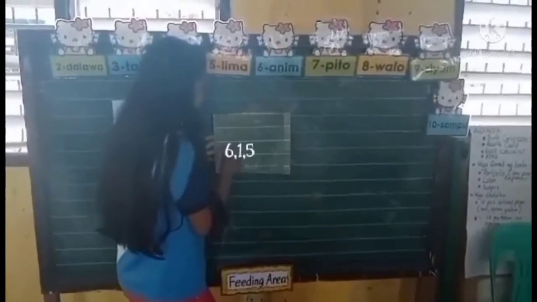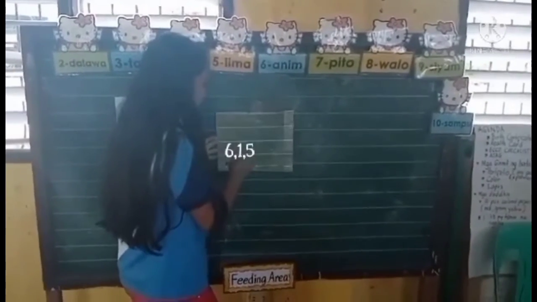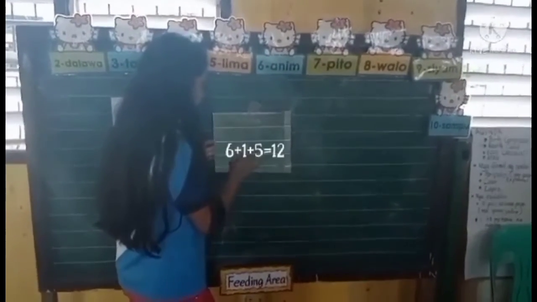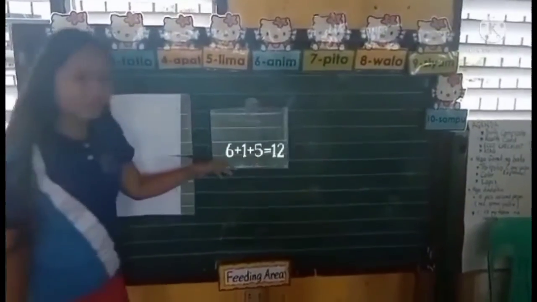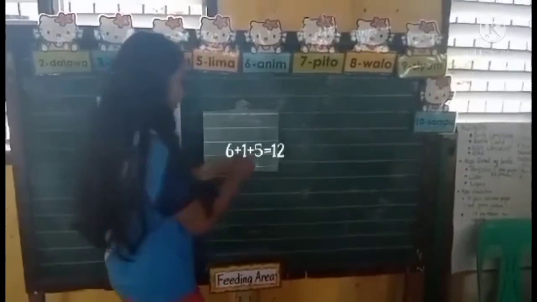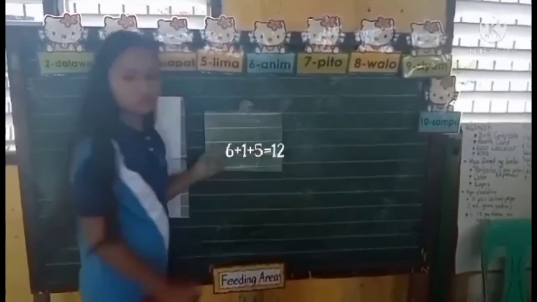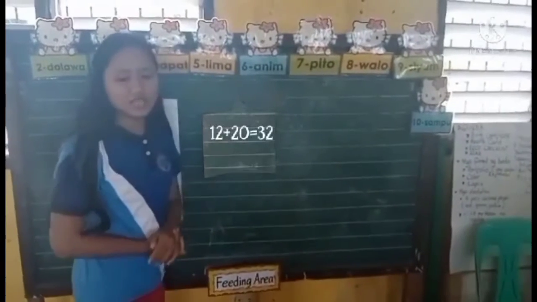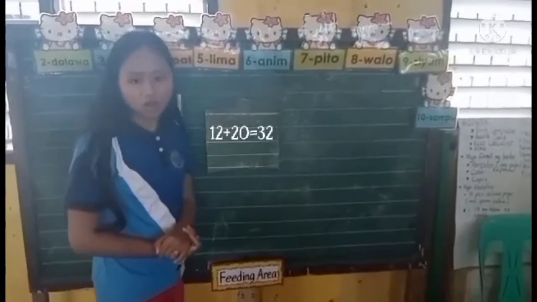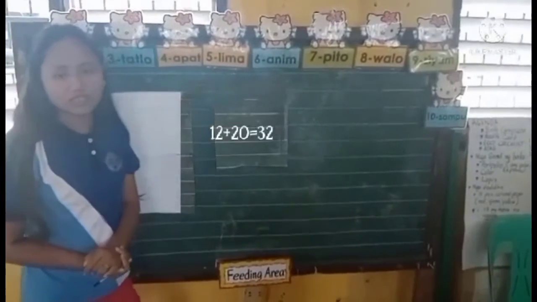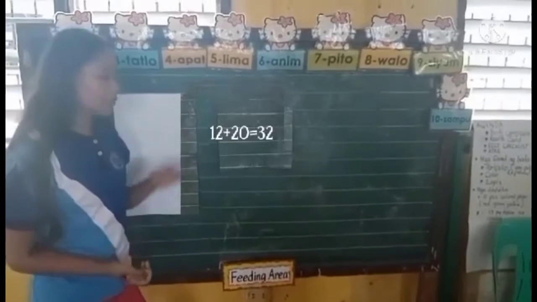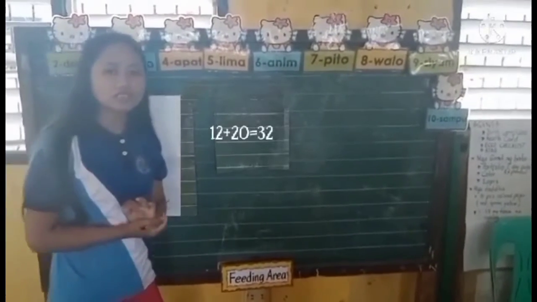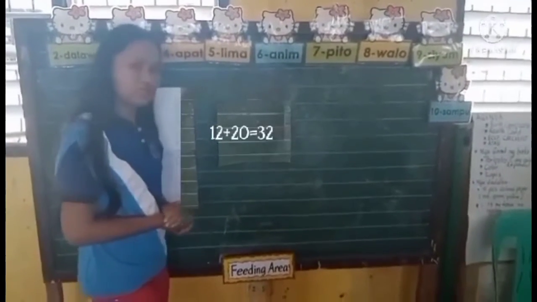So, ang ating mga whole number ay 6 plus 1 plus 5. So, 6 plus 1 plus 5 is 12. Then, yung 12 ay i-add natin sa 20 red balls para makuha natin yung 32 na siyang number of balls in the sack at the beginning.